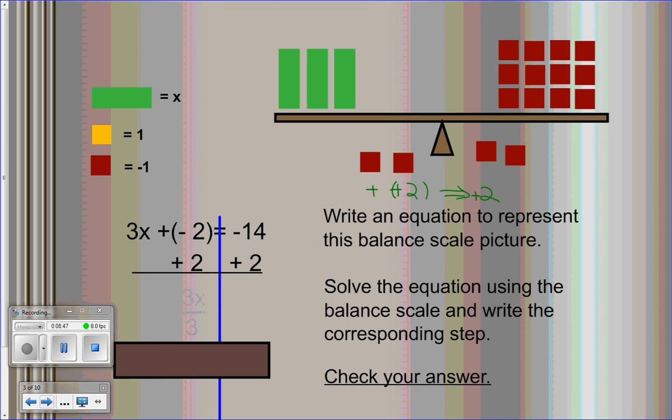But now we're not balanced, so once we have 3x is equal to negative 12, we need to figure out how to get to 1x. So for 1x, we'll divide out what's left on the right side. I'm not actually moving them over there, I'm just grouping them so I can count.